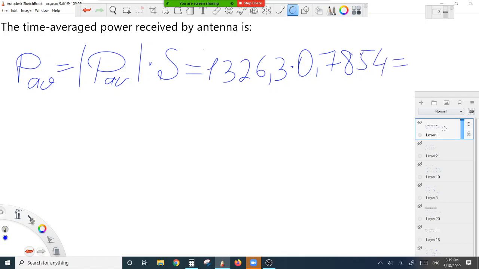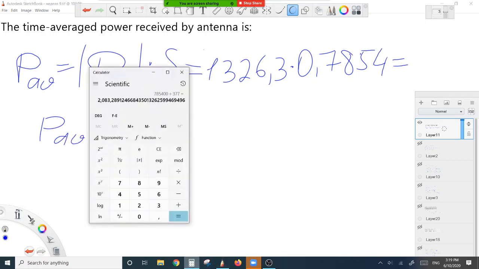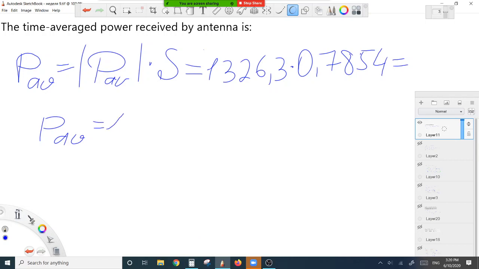So the average power will be equal to 1326.3 multiplied by 0.7854, which is 1041.7 watts.